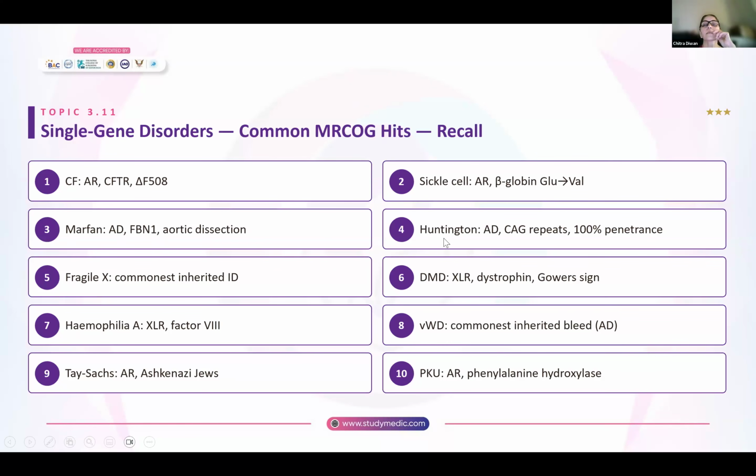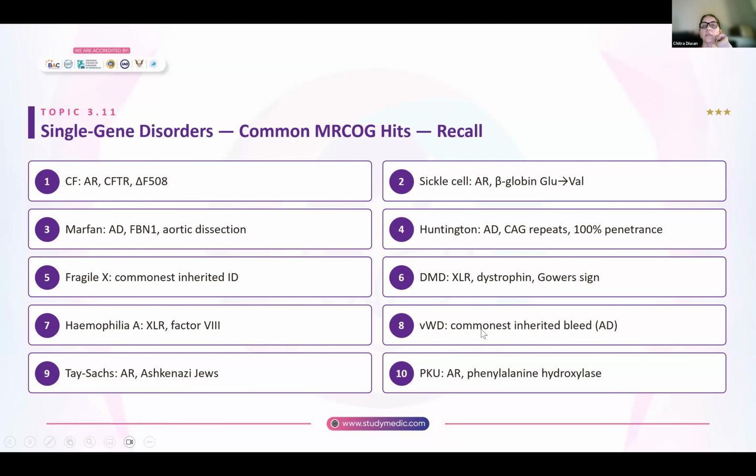Then Huntington's, again autosomal dominant. The repeat is CAG, trinucleotide. Penetrance is 100%. In fragile X, it is the commonest inherited disorder for intellectual disability. In Duchenne's muscular dystrophy, it is X-linked recessive. There is a defect in dystrophin and Gower's sign is positive. Hemophilia A, X-linked recessive, deficiency of factor 8.